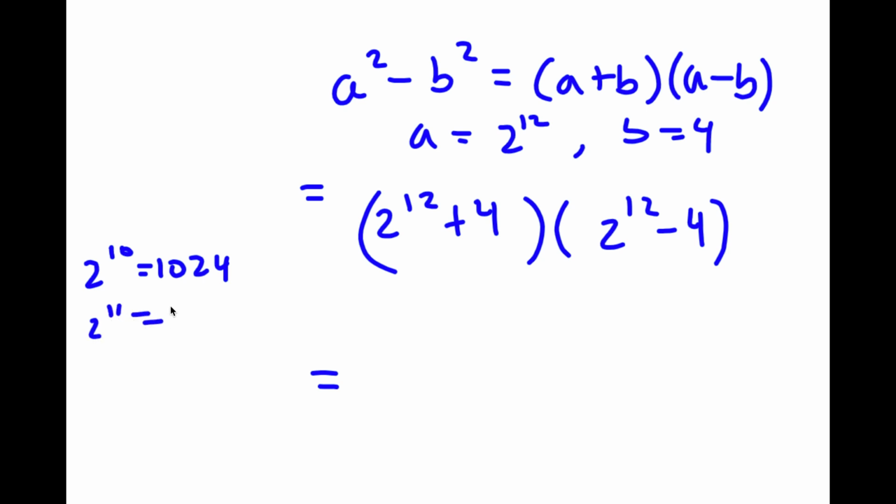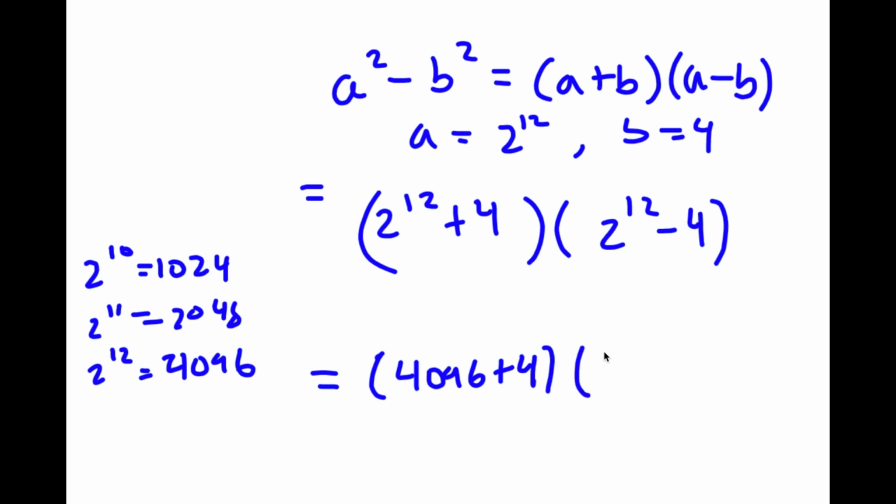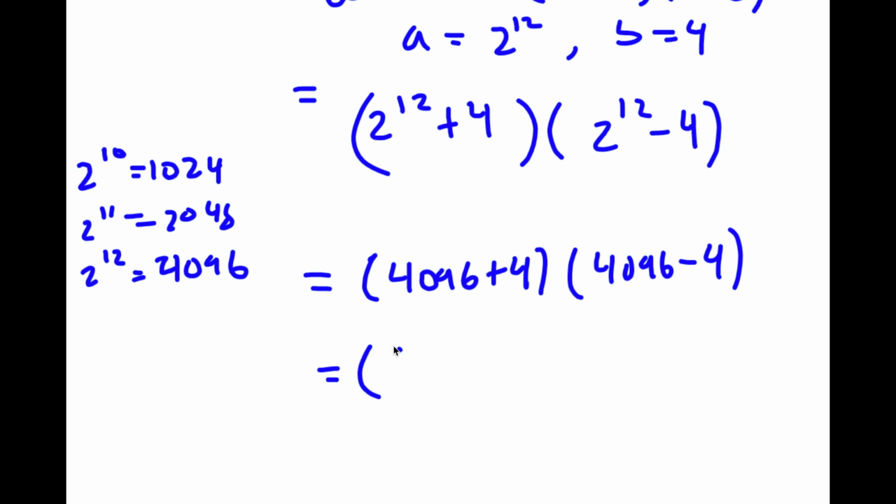So 2 to the power of 11, this is going to be double of 1024, which is 2048. Meaning 2 to the power of 12, this is double of 2048, which is 4096. So now I have 4096 plus 4 times 4096 minus 4. Now this is the same thing as 4100 times 4092.